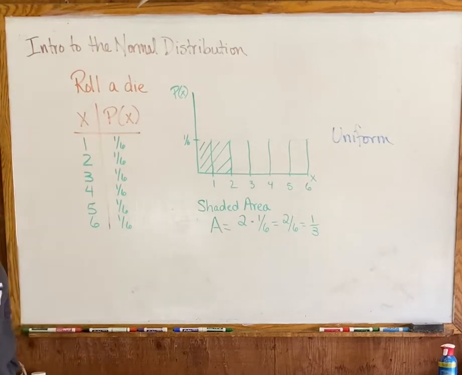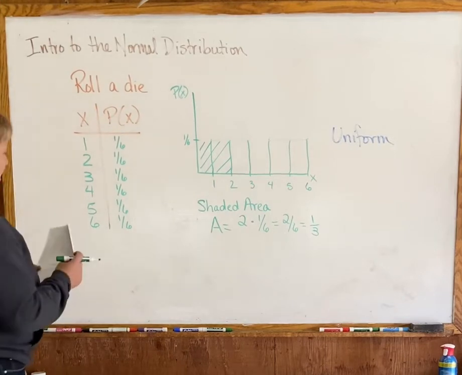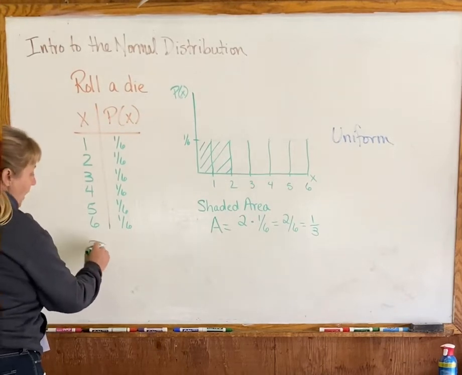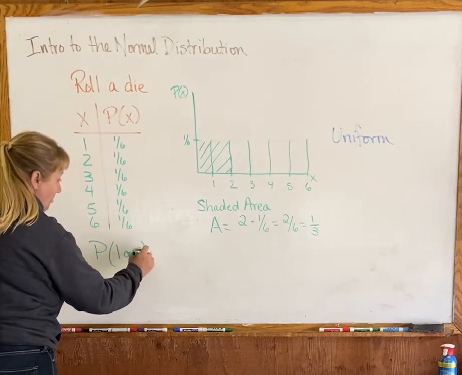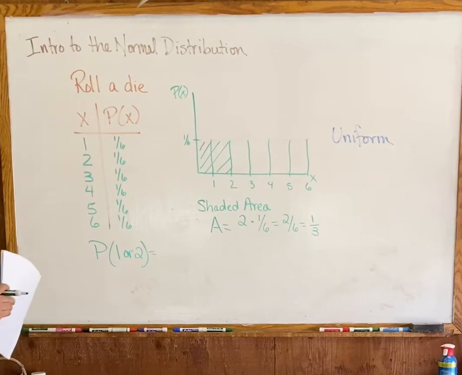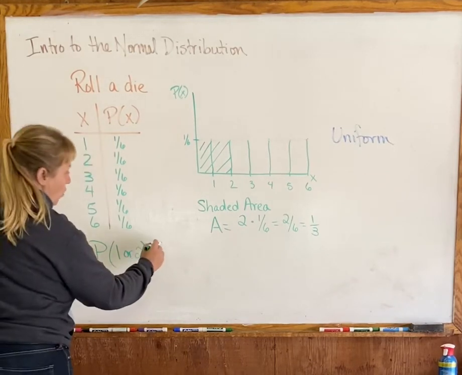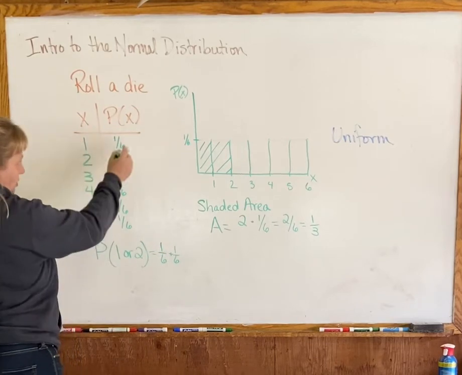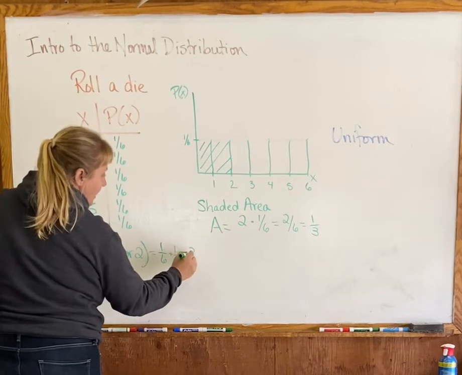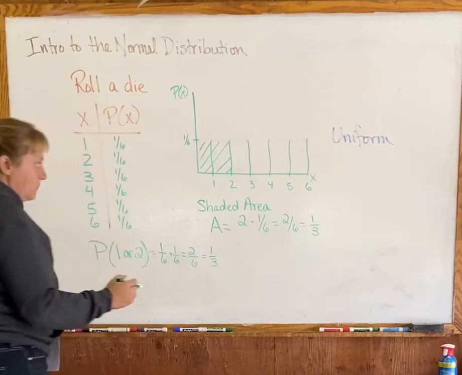Now, I just kind of gave it away there. Really, I want you to go back over to this problem, or just think about this in general. If I wanted the probability of getting a 1 or a 2 when rolling the die, wouldn't that be 1/6 plus 1/6, which is 2/6, which reduces to 1/3?